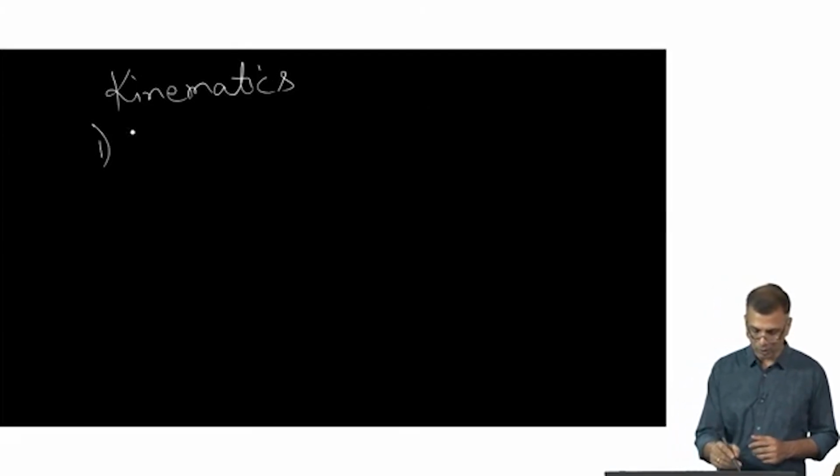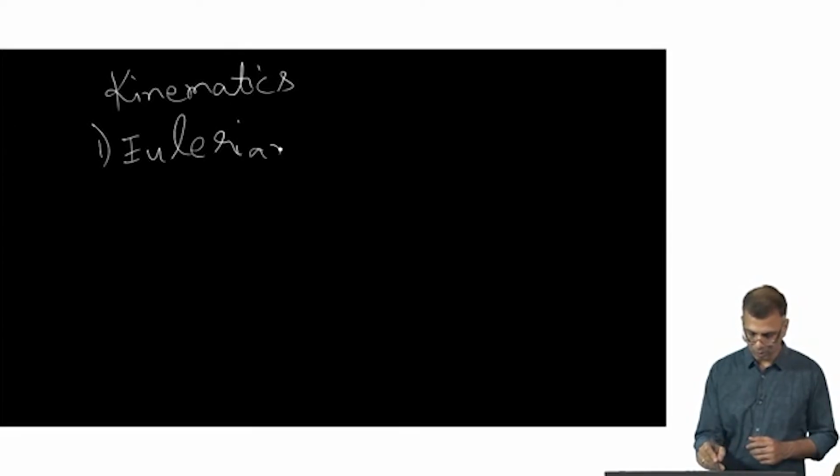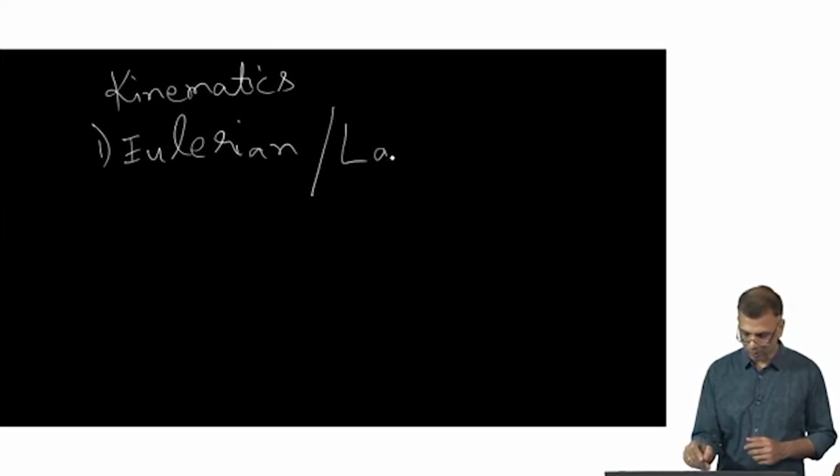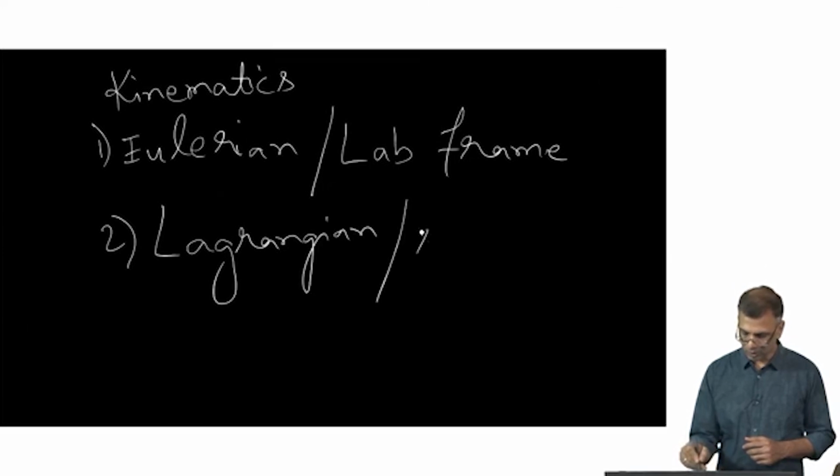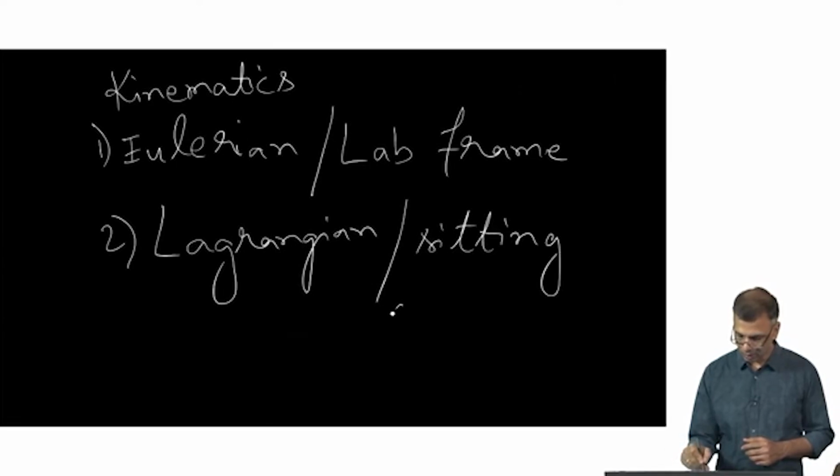One was what's called an Eulerian description, or lab frame description, and the other one was a Lagrangian description, which is one in which you are sitting on top of a fluid parcel.